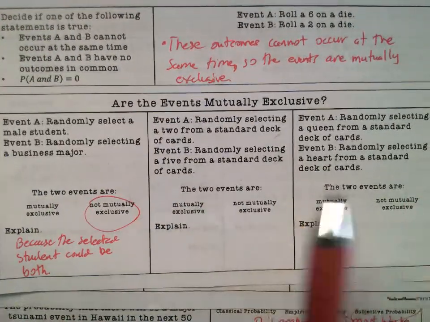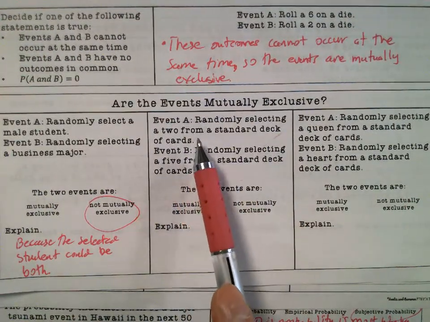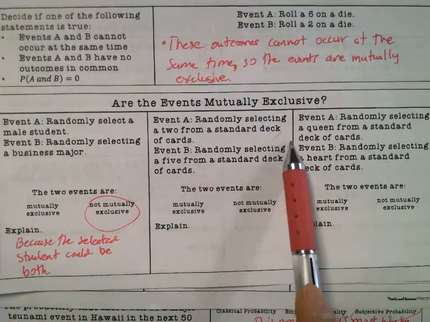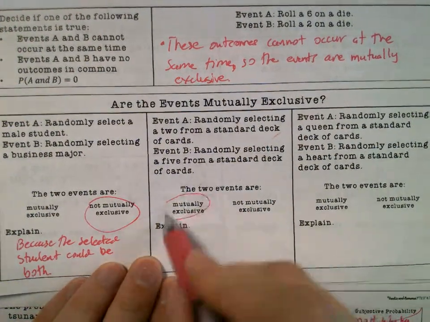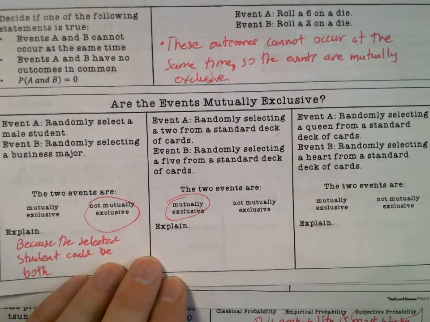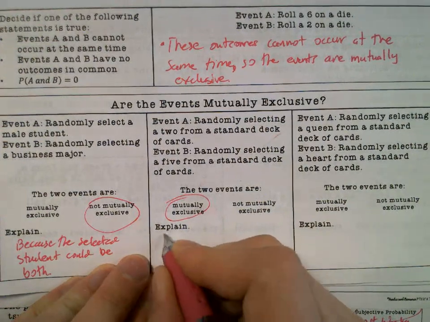The next one, randomly selecting a 2 from a standard deck of cards, randomly selecting a 5 from a standard deck of cards. This is mutually exclusive. You cannot pick both a 2 and a 5 at the same time.